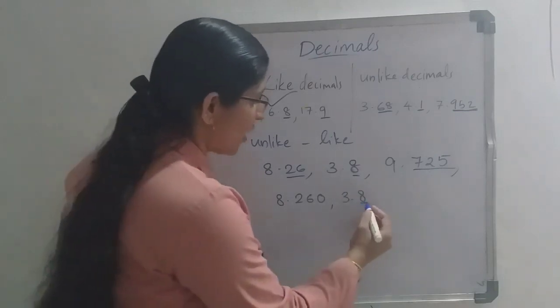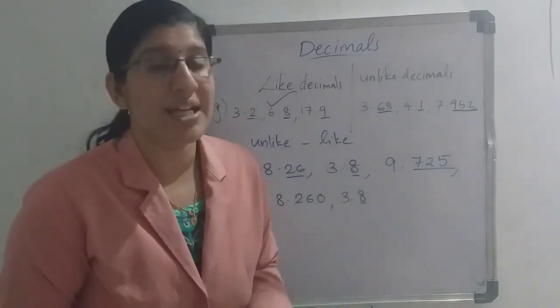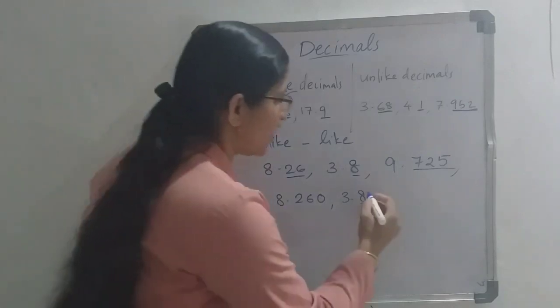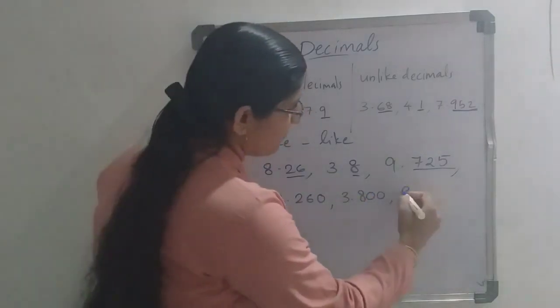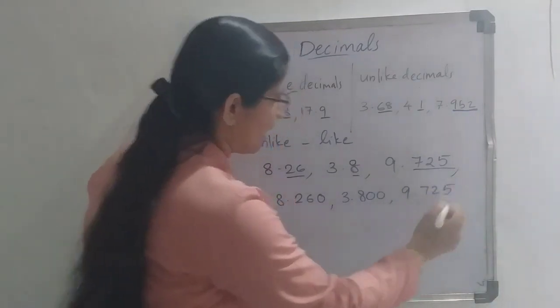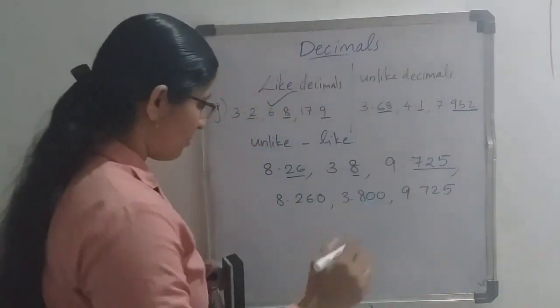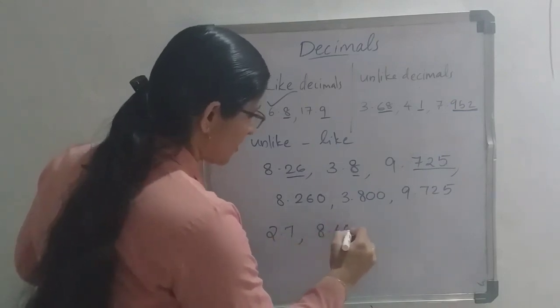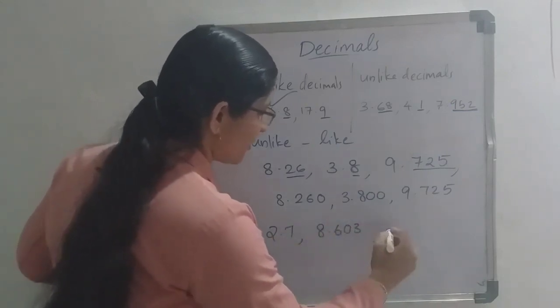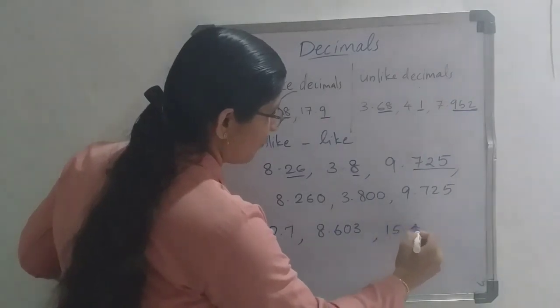3.8. Here only 1 decimal place. We need to make it 3 decimal places. So we need to put 2 more zeros and make it like decimals. Now it becomes like decimals. Clear? One more example. 2.7, 8.603, 15.42.